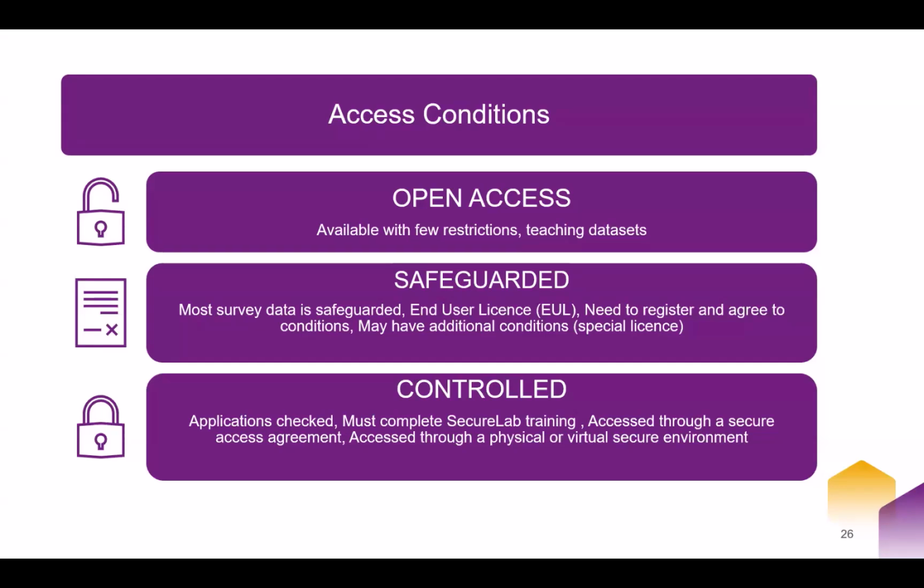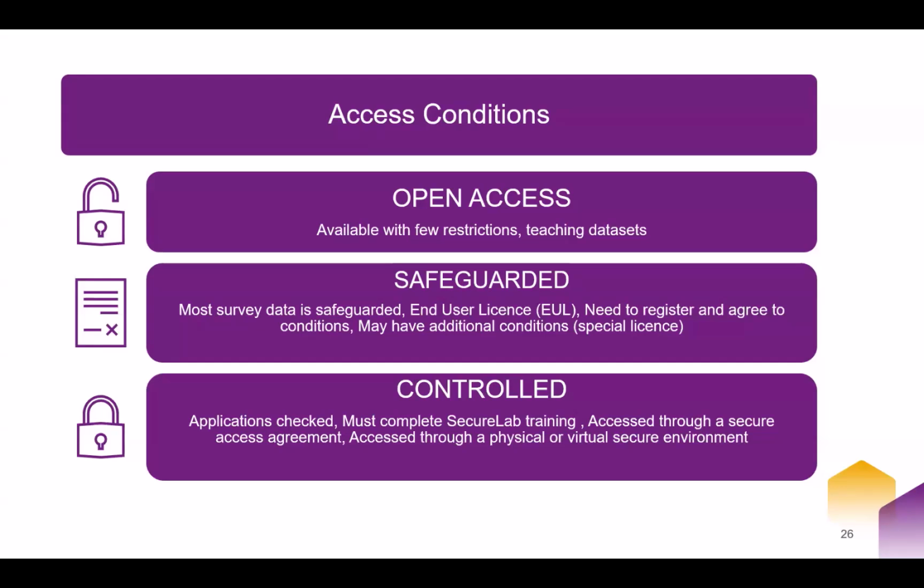Once you've completed that training, the data can only be accessed through a secure access agreement and through a physical or virtual secure environment. So we have our virtual secure lab, we have our actual secure lab at the University of Essex, and we also now have, brought in during the pandemic across universities and various locations, mini secure lab hubs that you can go in and use the data there as well.